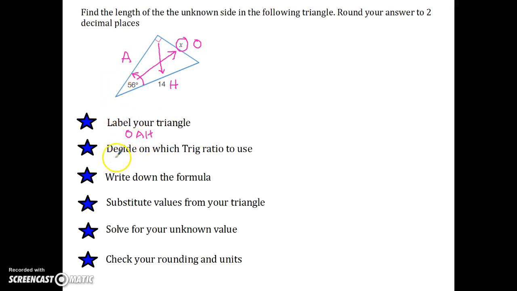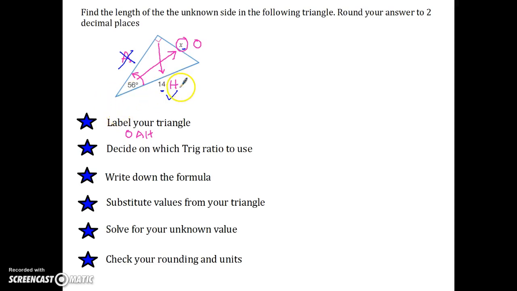The side that's opposite that is our opposite, and the one that's left is adjacent. So once we've labelled it, we've now got to decide on which trig ratio we're actually going to use to help solve this triangle. Having a look, hypotenuse, we've got a length on that, so that's part of the game. Our opposite, that's the one we want to find. Adjacent, even though we've been able to label it, is actually not part of our working out because there's no length on it and it's not what we want to find.